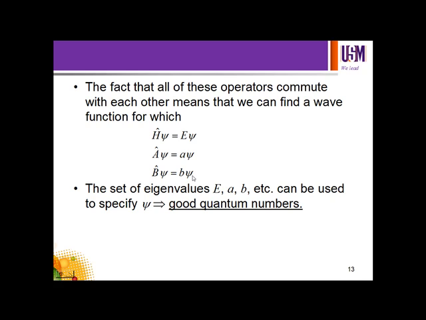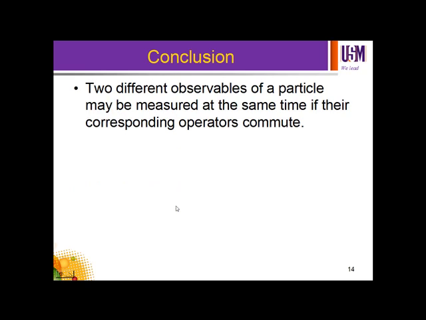The set of eigenvalues E, a, b can be used to specify psi, and this will give you good quantum numbers. That means commutative operators provide us with definite eigenvalues, more than one eigenvalue at the same time.